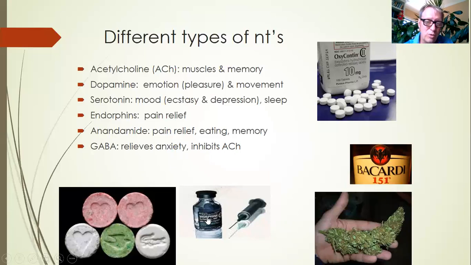But taken in large quantities, obviously, that can be a problem because that inhibits or gets in the way of acetylcholine, which you can see here. If you inhibit acetylcholine, you're going to have problems moving around a room and remembering what you did later on. That's what happens when a person gets really drunk. They basically have so much GABA being released, they lose coordination and they don't remember what they did the next day. So those are the different types of neurotransmitters I would like you to be familiar with.